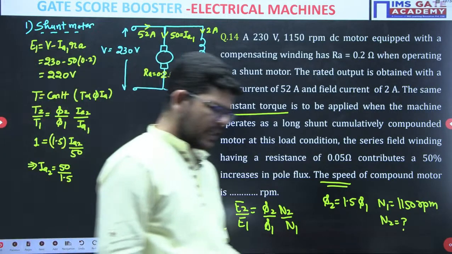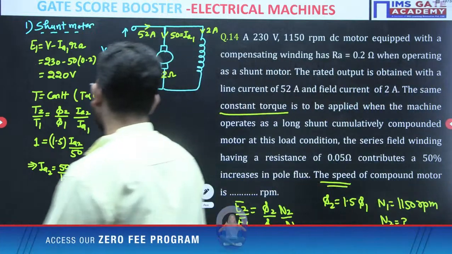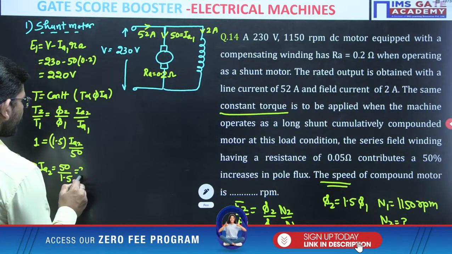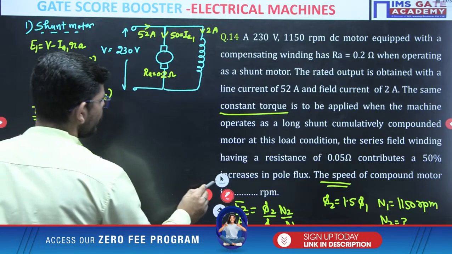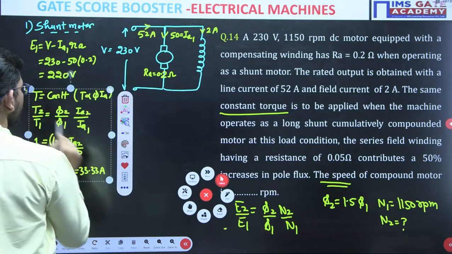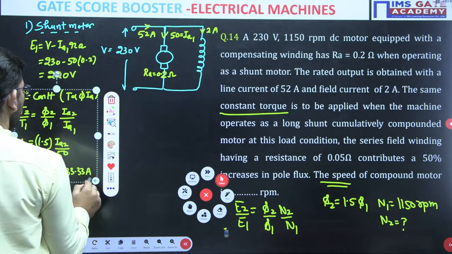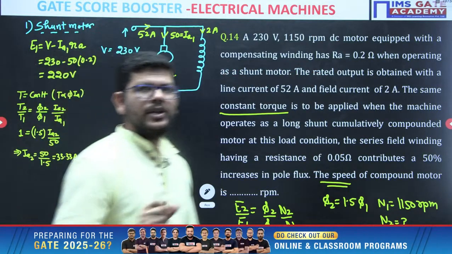So the new armature current will be 33.33. In this way we calculate the new armature current. Got it?